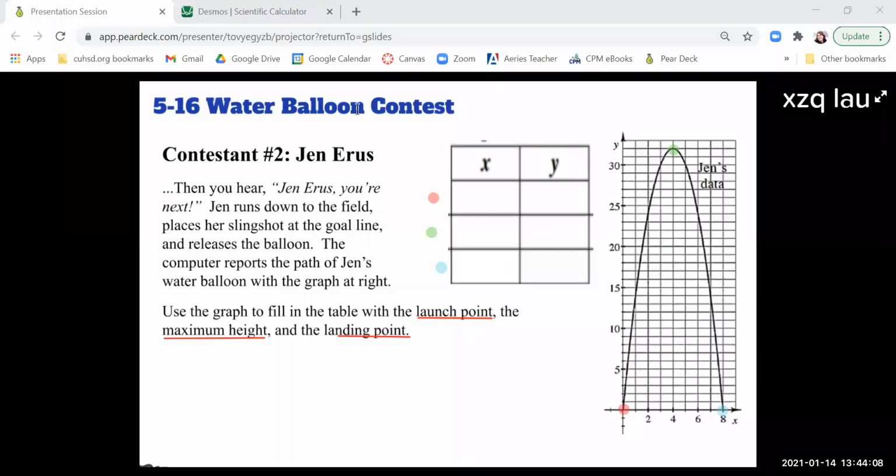Okay, so here we go. We have our lowest bottom left-hand side point here, the launch point at 0, 0. And then we have the landing point on the other side at 8, 0.